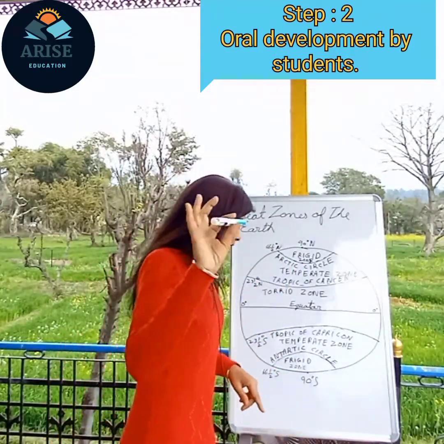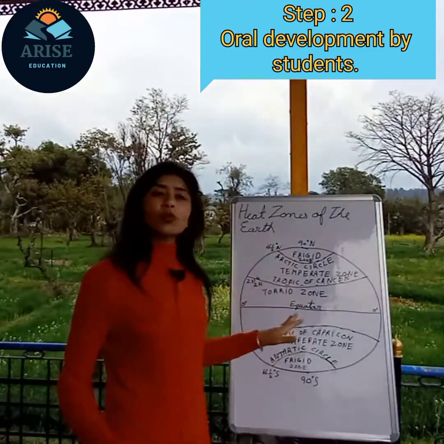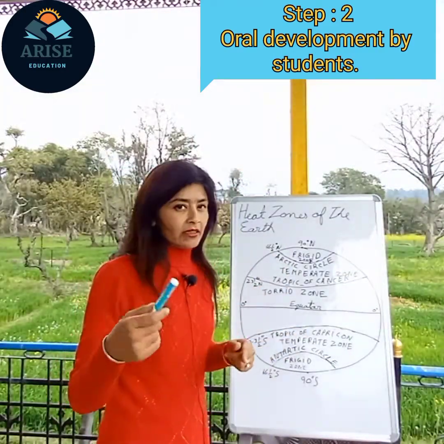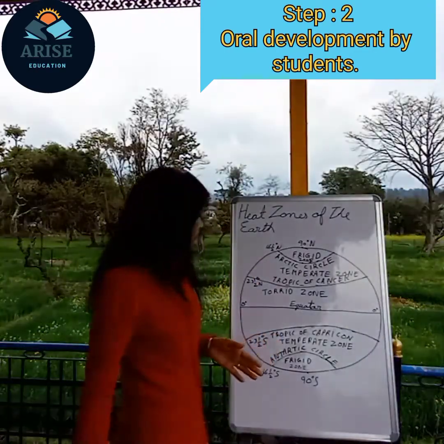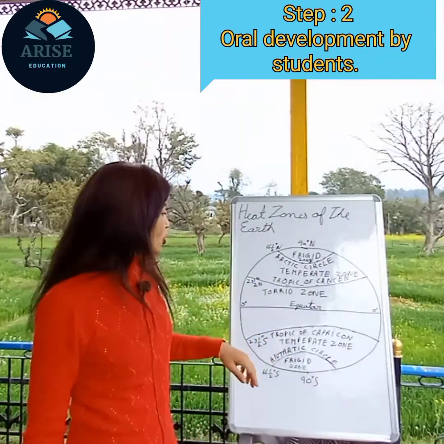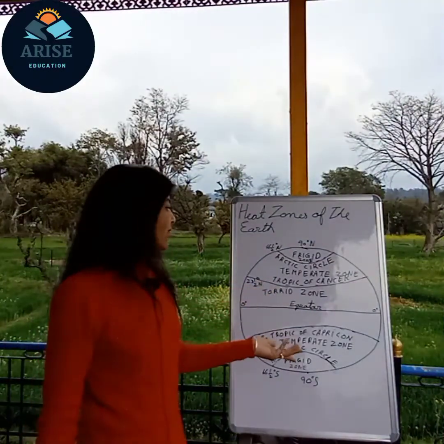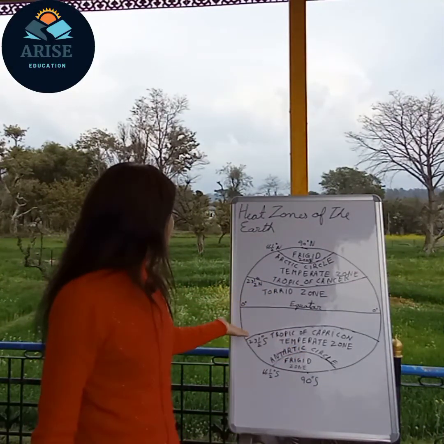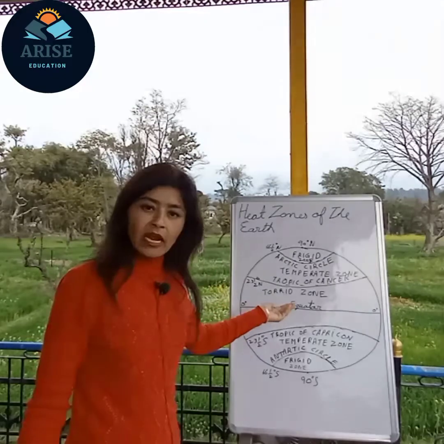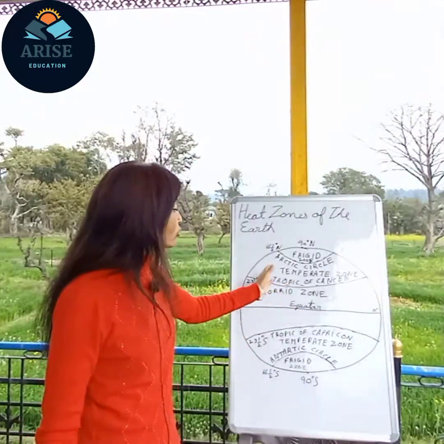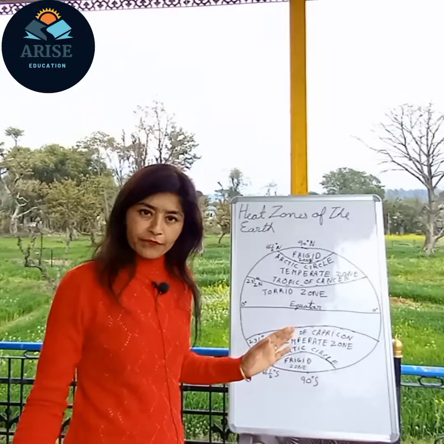So the first question: how many heat zones are there in the world? The second question can be, what is the extent of the torrid zone? They will definitely give the answer that it is from this latitude to that latitude. They can also give the names of the different zones.